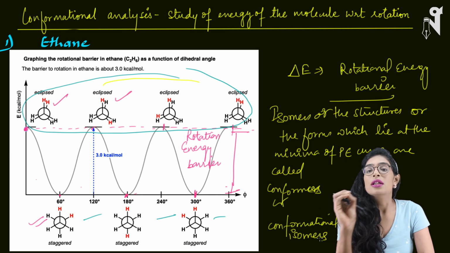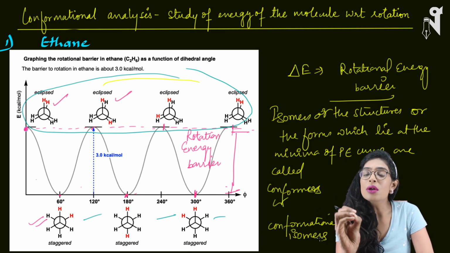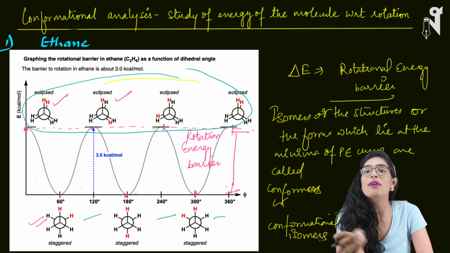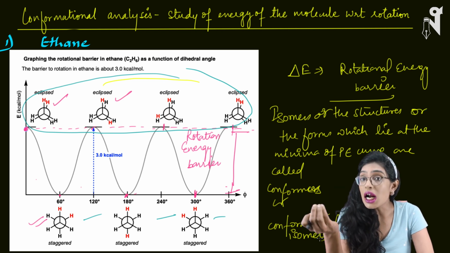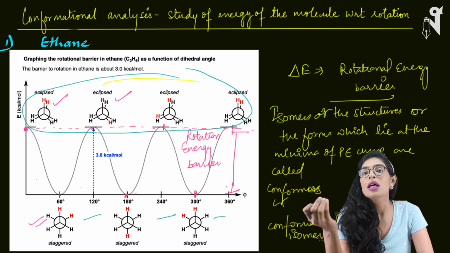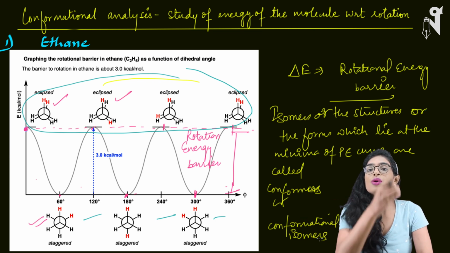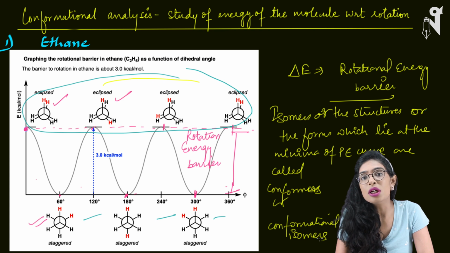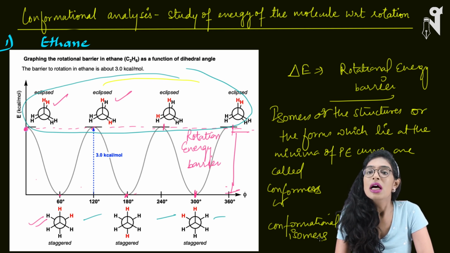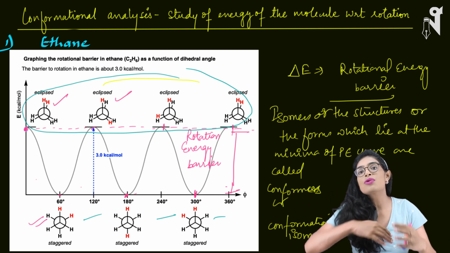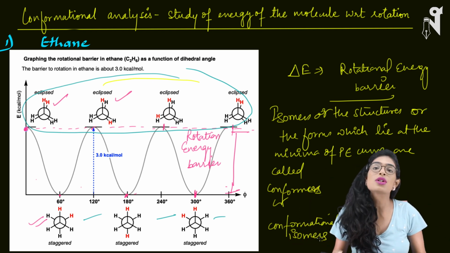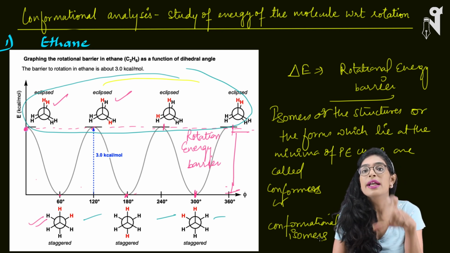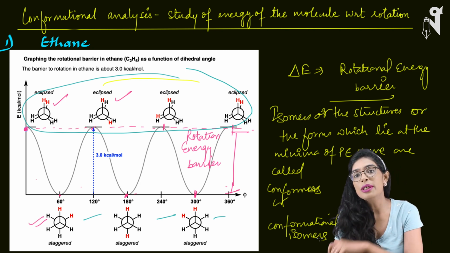But ideally, the conformational isomer is the one which has the minimum energy and is the most stable, and there can be multiple stable conformations also. So the conformations which lie at the minima of the potential energy curve must be called conformers or conformational isomers. Others are just transition phases or transition forms. They should not be called conformational isomers. Conformational isomers are the ones which lie at the minima of the potential energy curve.